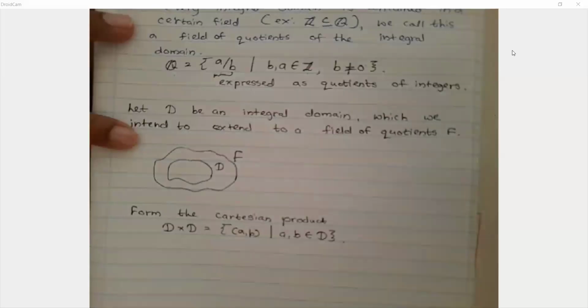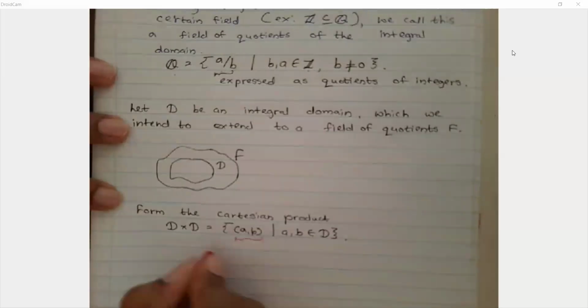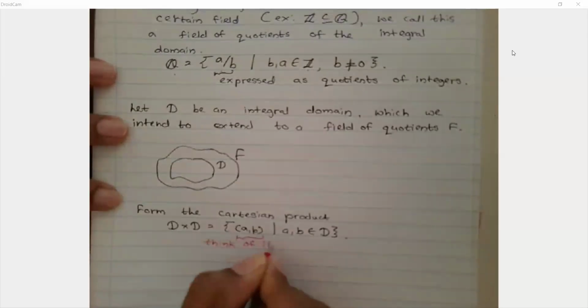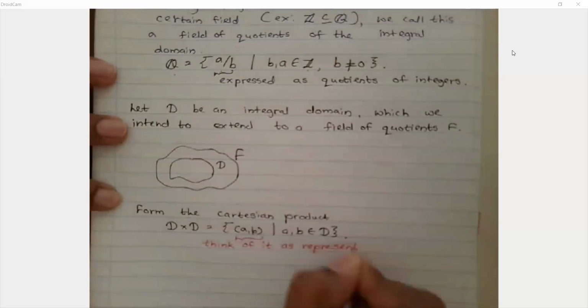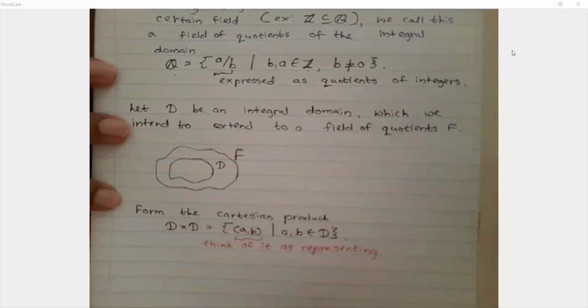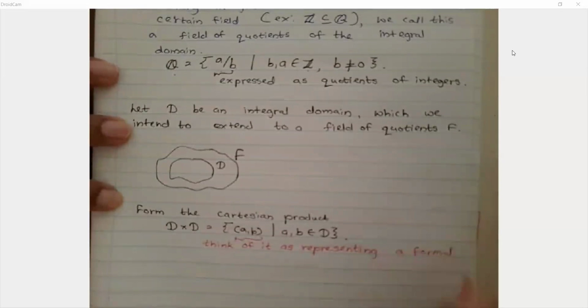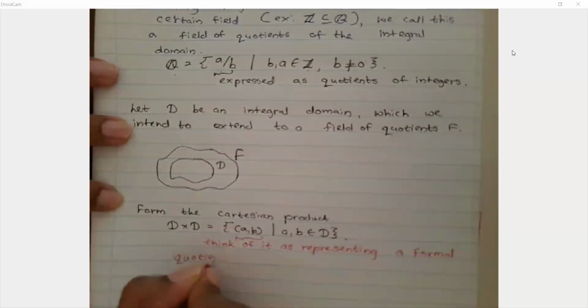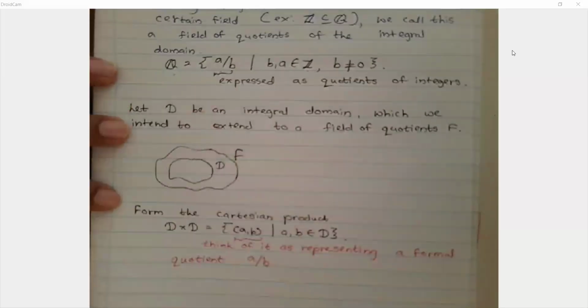So we think of it as representing a formal quotient a over b. Now, this is the same as a over b that you see in Q, right?